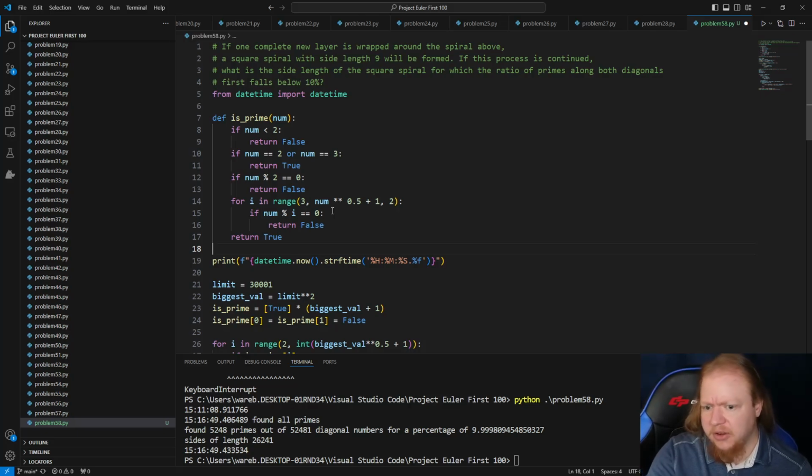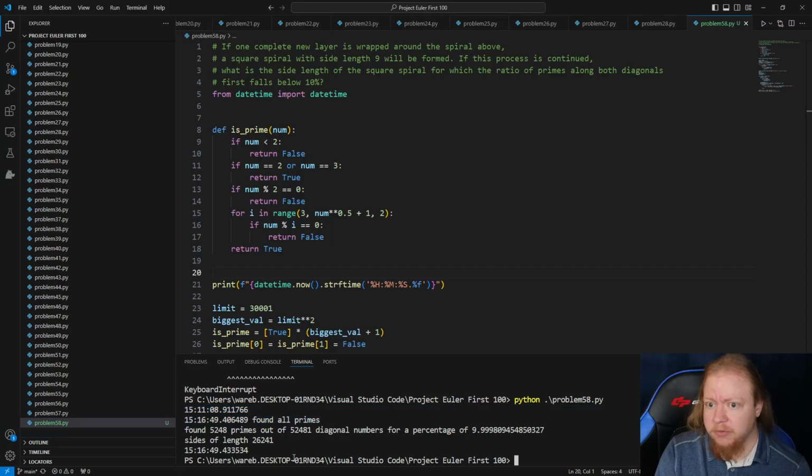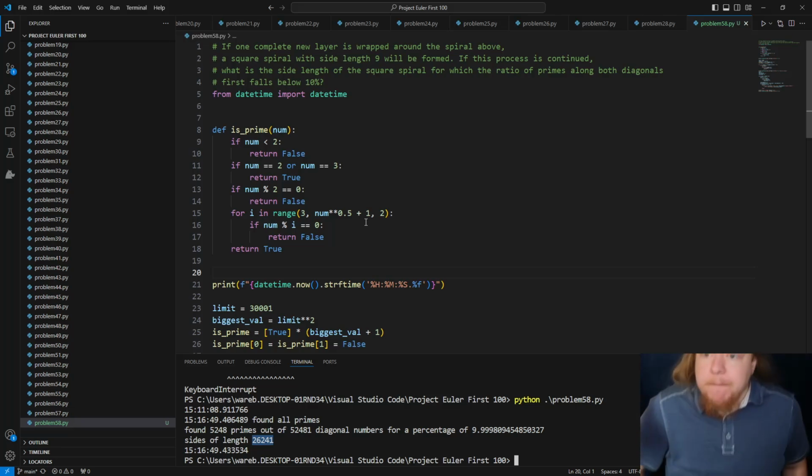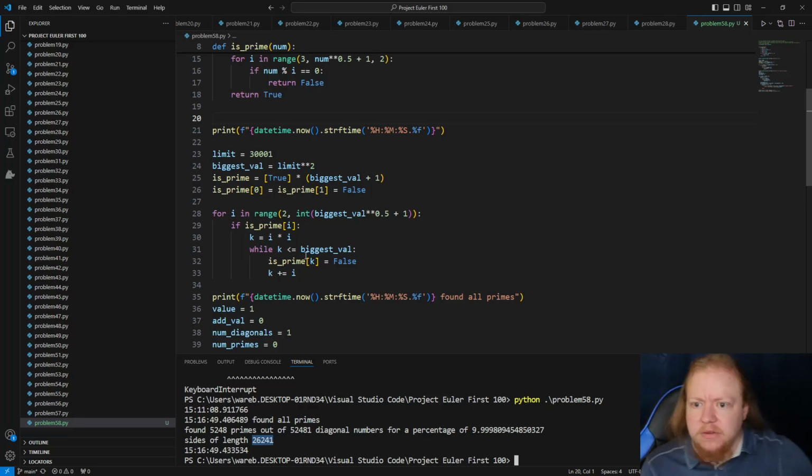Yeah, and as you can see here, the slowdown is the primes finding. So we're gonna redo how we find the primes and see if we can get down to under a minute. I'm willing to bet this is the correct answer. But let's go ahead.